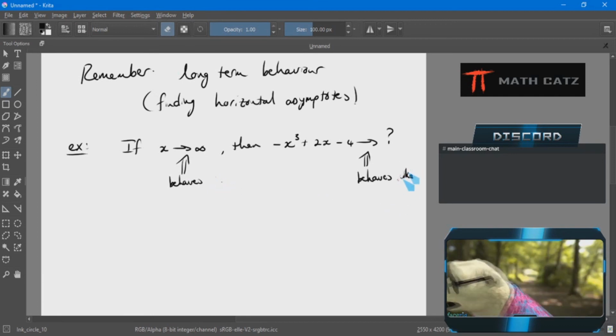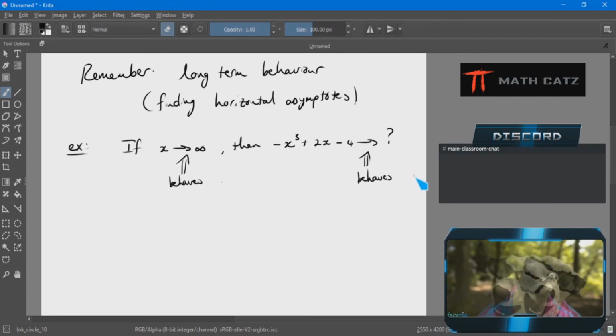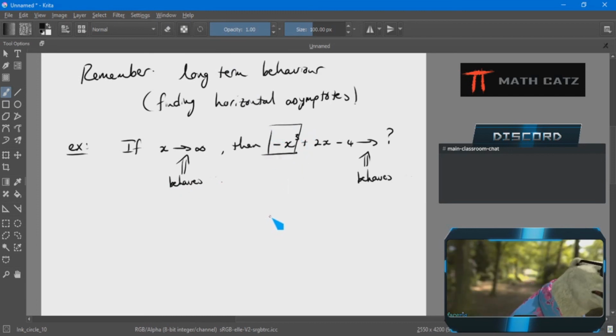And then I want to know what is the behavior that the function exhibits when x does this. Now, we've identified that if it's a polynomial, we can simply look at the leading term and say this polynomial behaves like its leading term, which is a transformation of one of our basic functions. We can easily figure it out, and that is going to be negative infinity.